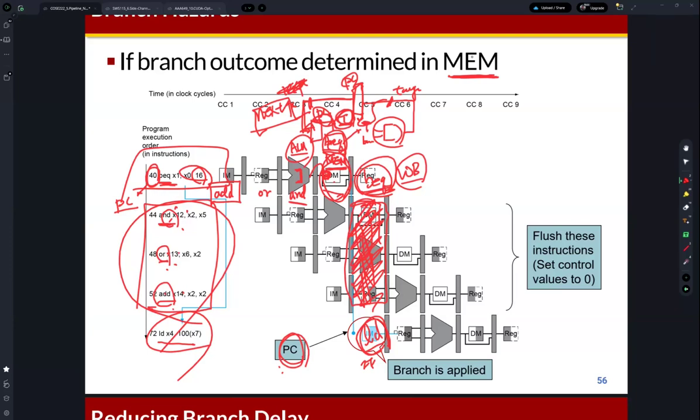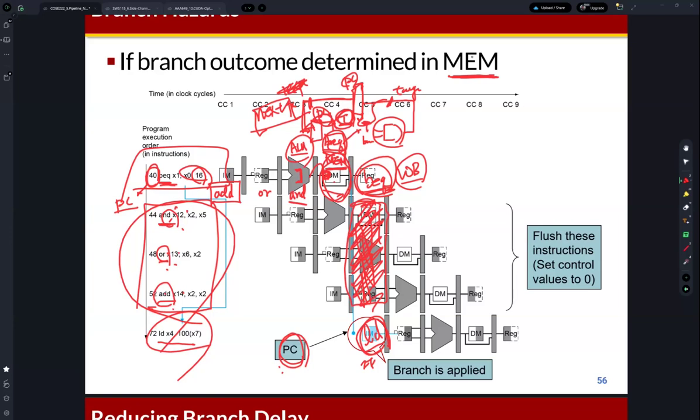Then we can cancel these three instructions, okay? So this is the branch operation. It's a normal branch instruction. And then also you can observe that three cycles are wasted.